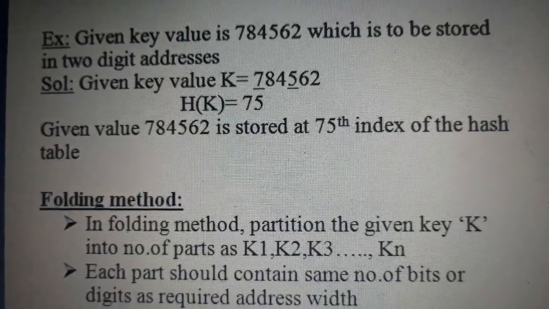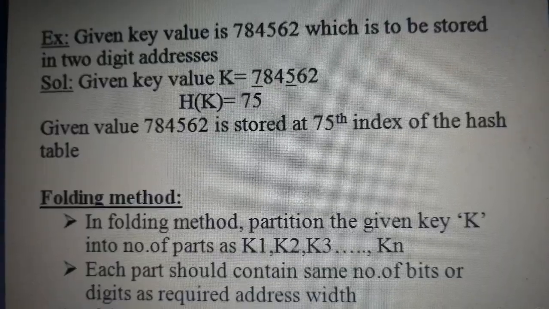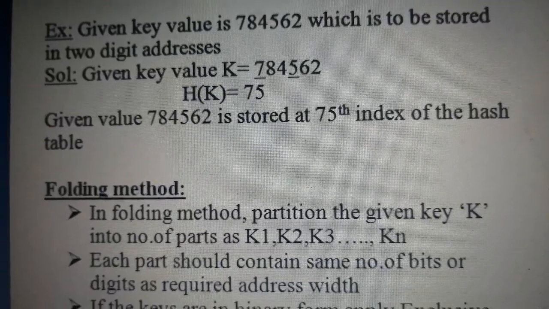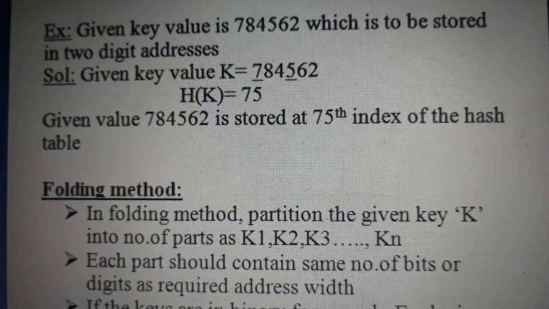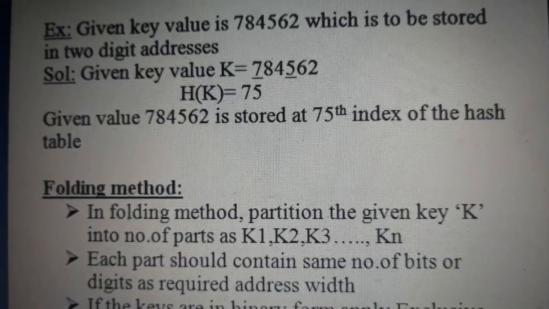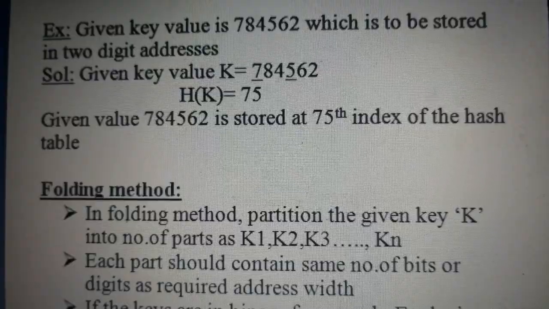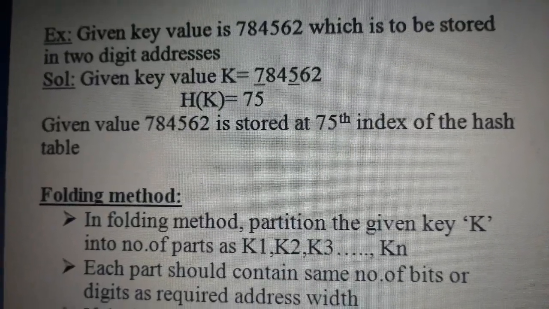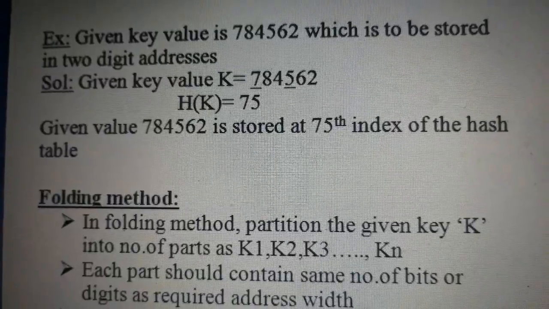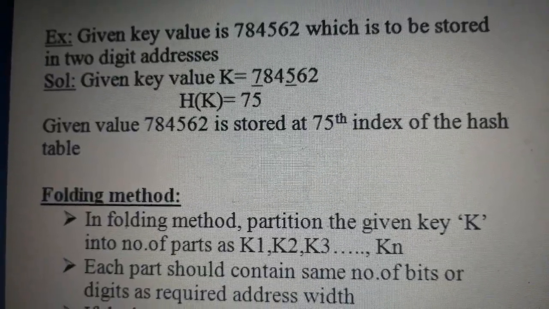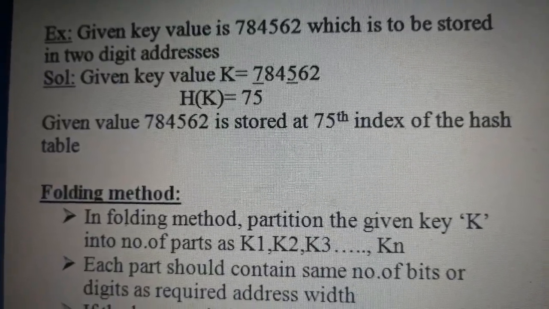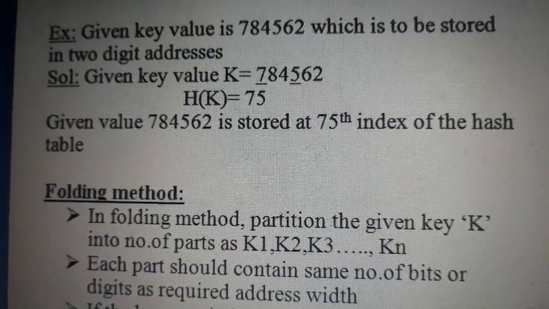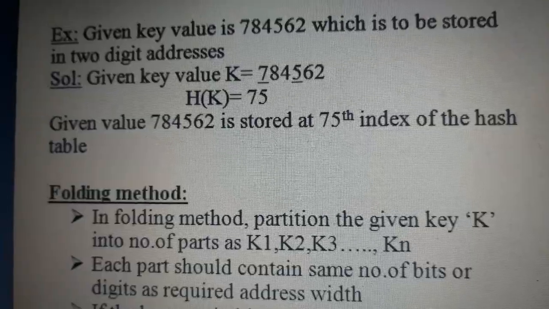In the truncation method, the key index is obtained by ignoring a set of digits, taking the remaining digits and combining them. That combination of the remaining digits is called an index, or a key, for that particular value.